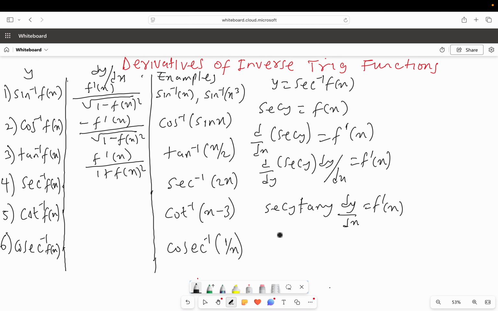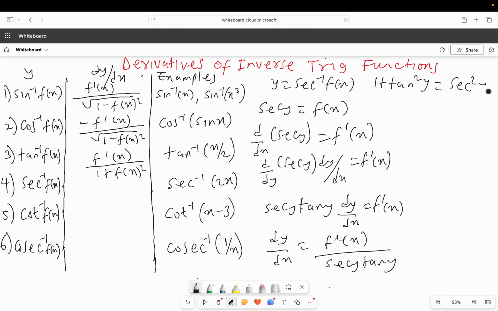So it means my dy dx is just f prime of x divided by sec y tan y. I know that 1 plus tan square y is just sec square y.